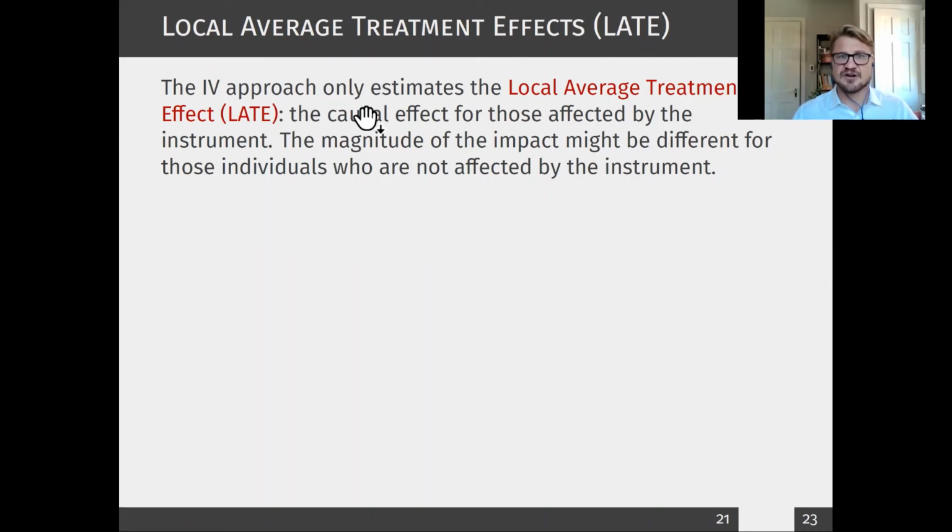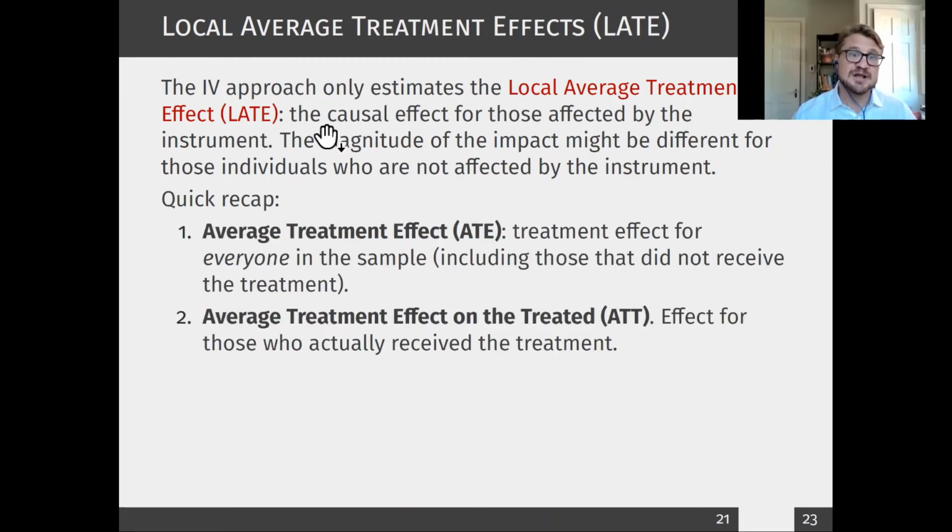It's the impact on a subset of the whole population, and the impacts might be very different for those individuals or cities who are not affected by the instruments. We'll get into this when we talk again about randomized control trials. It's within this context that this intuition was developed, but let's talk through this quite quickly.